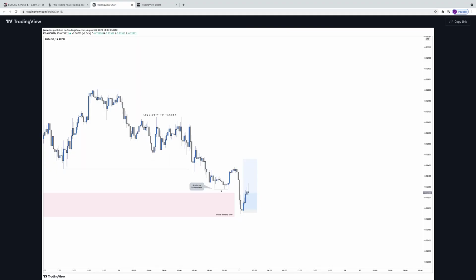And we have liquidity from equal highs up here to target, and 15 minute inducement from these equal lows. People looking to get long, price comes in aggressively, taps into the 1 hour demand zone, and then from this point we're looking on our execution time frame to look for the switch from weak to strong hands, and then looking to get involved in the change in momentum.